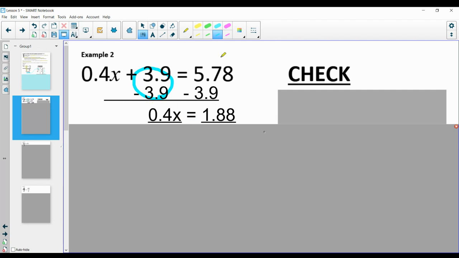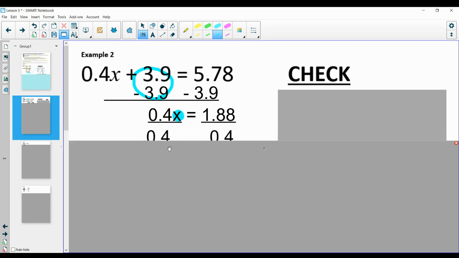So I'm left with 0.4x equals 1.88. Remember, use your calculator when working with decimals. Now I want to get the x by itself. So how am I going to get this x by itself? I have to get rid of what's in front of it. And whatever's in front of it is being multiplied by it. So how do I get rid of multiplying by 0.4? Divide by 0.4.